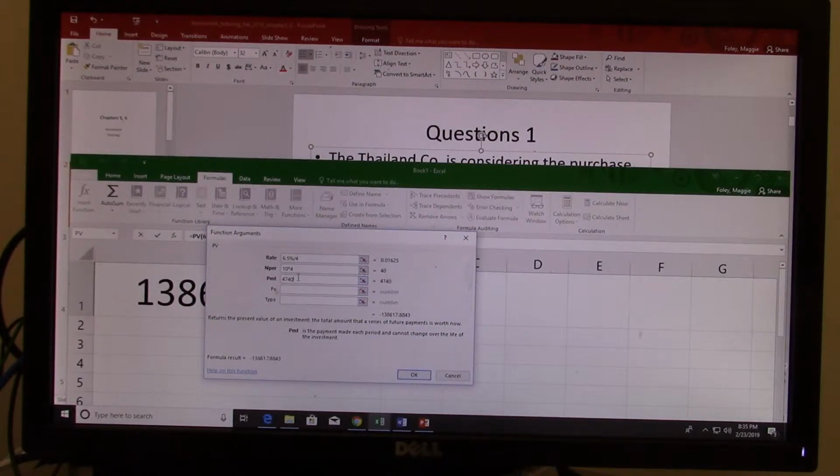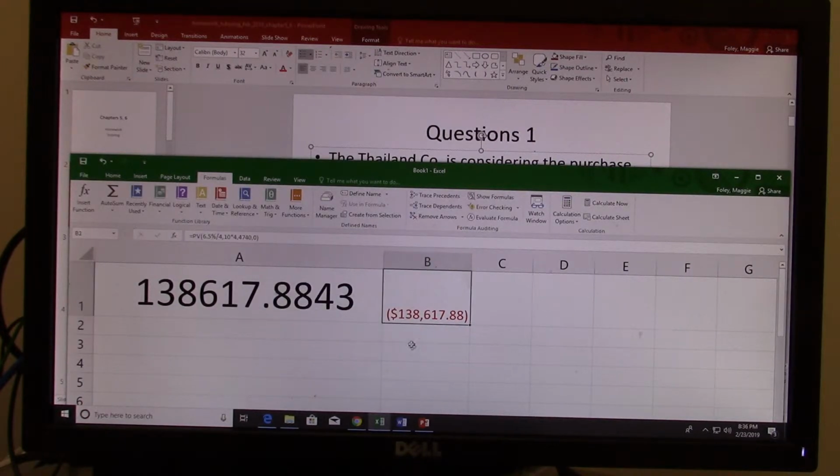Payment 4,740. Future value 0 here. Type is whether the payment is made at the end of the period or at the beginning of the period. Since we just assume everybody makes the payment at the end of each period, you can just leave it or put 0 there. 0 is the default setting. Okay, and click OK, and you see you get the same answer, but however you see there is a negative number.